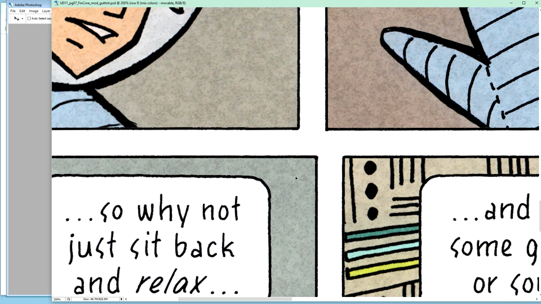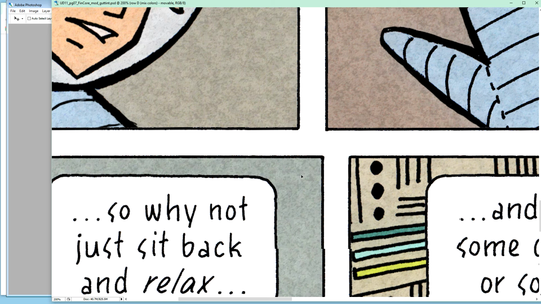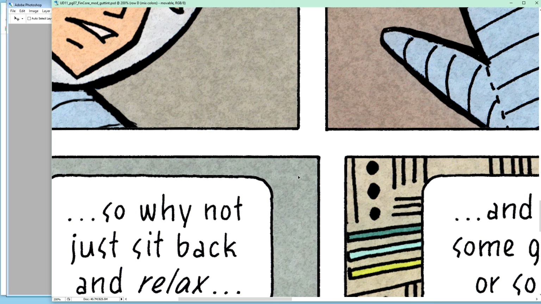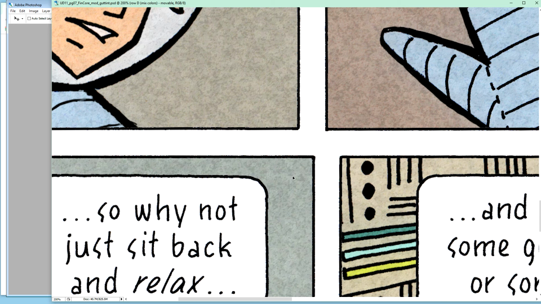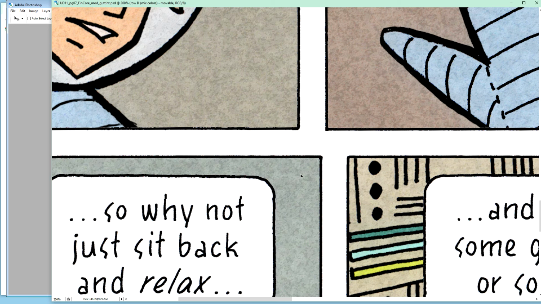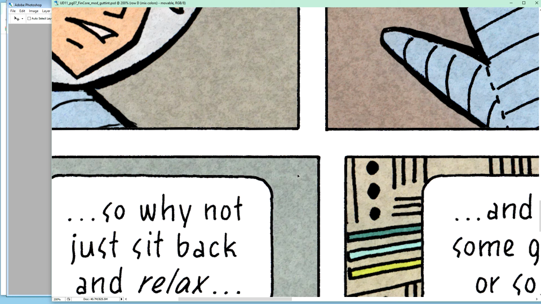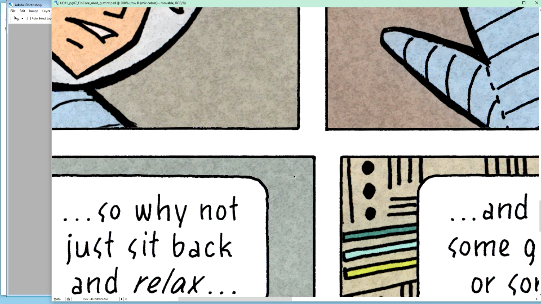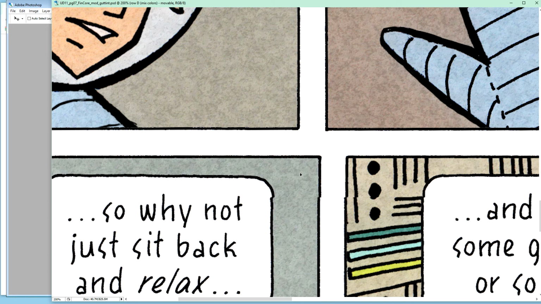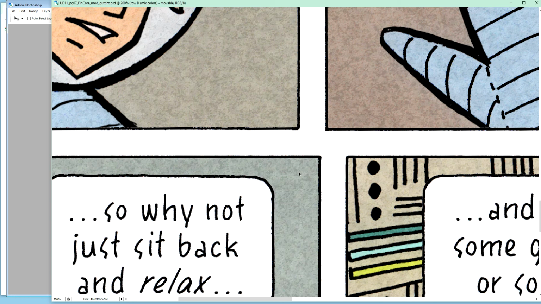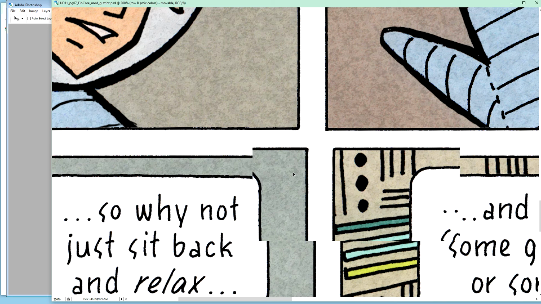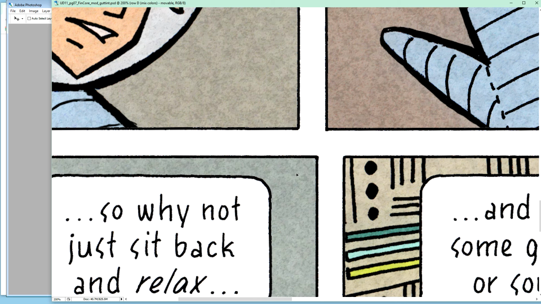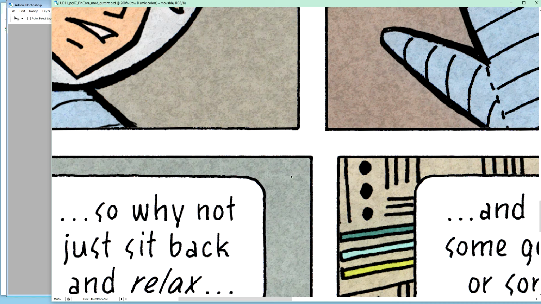And many comic creators, including Hergé, Tintin, Goscinny and Uderzo's Asterix, and even Fantastic Four by Jack Kirby, even in those comic books you'll find designs like these.